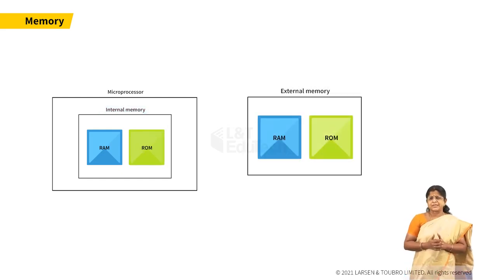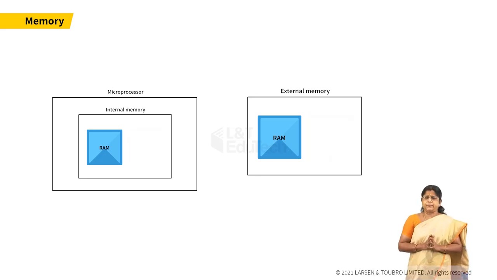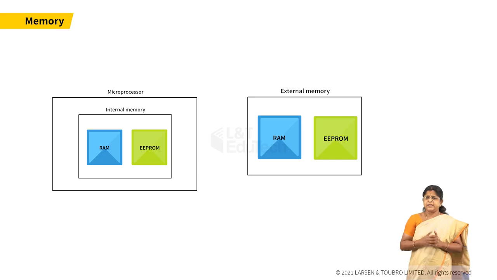Many microcontroller series have versions of microcontrollers like ROM-less versions, meaning there is no read-only memory. Second type, EPROM versions. They have EPROM inside. EEPROM versions. They have EEPROM on the chip itself.